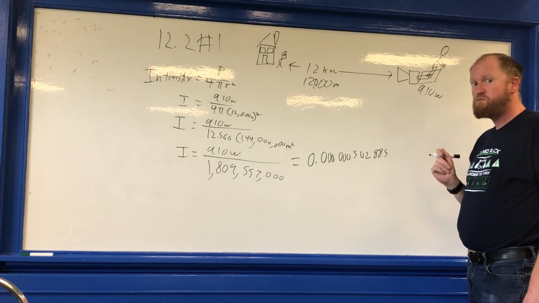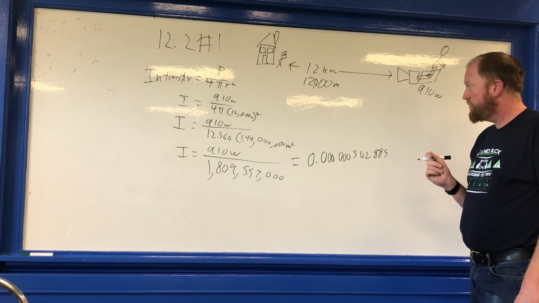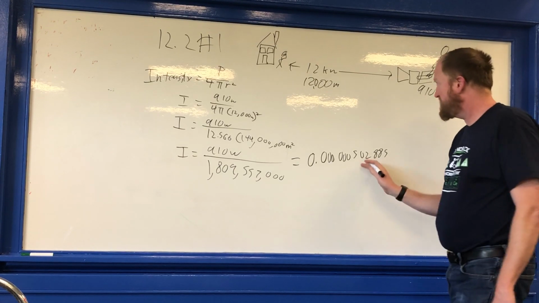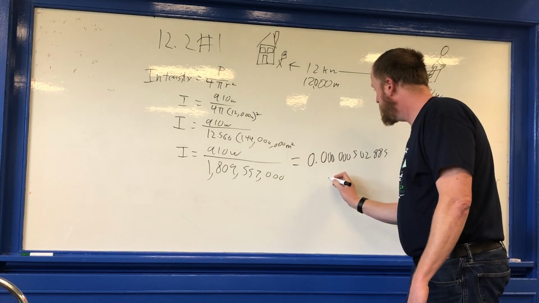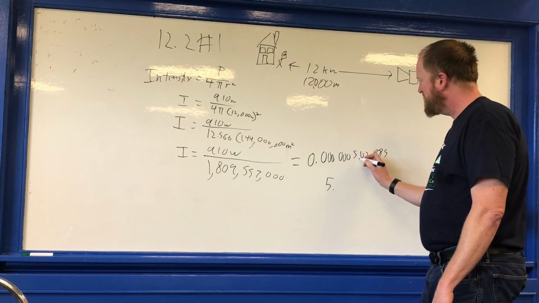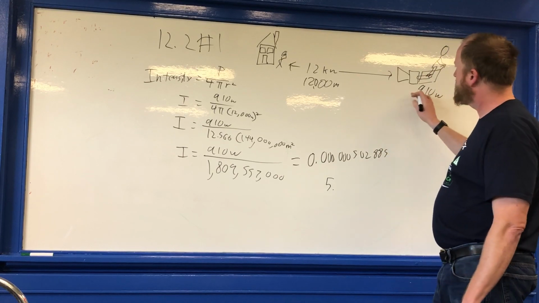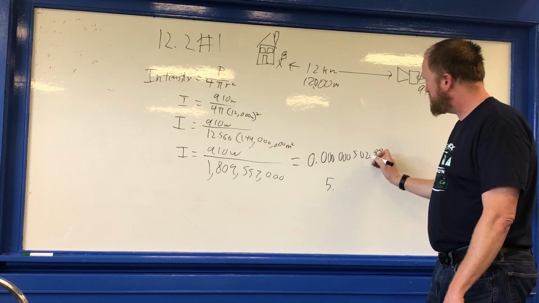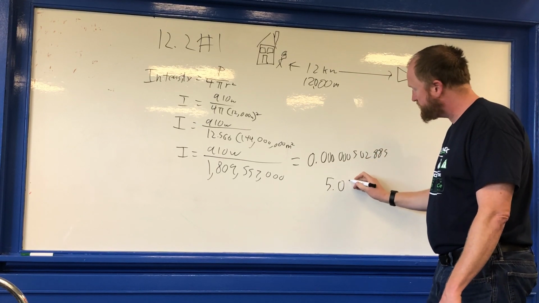Now, where to round? First off, I want to put this in scientific notation, so it's going to be 5 point, decimal after the first significant figure. Now, where to round it? I have 2 sig figs. I'm going to round it to 2, rounds down, and that becomes a 0.